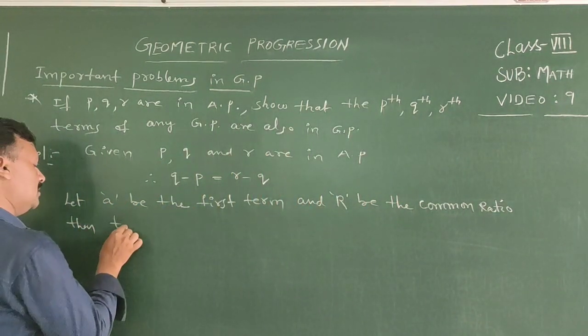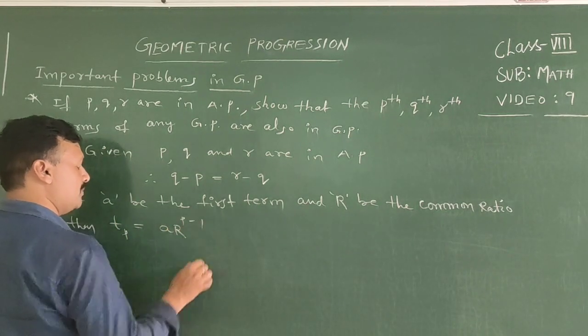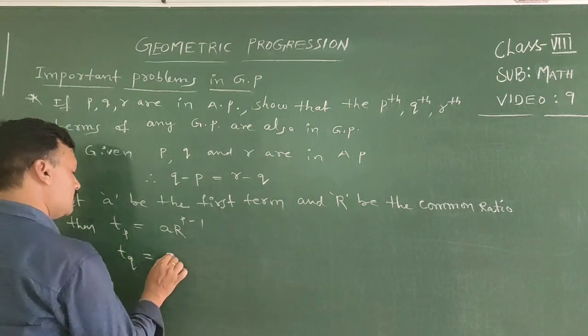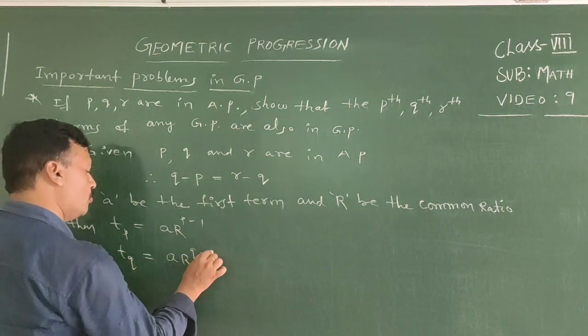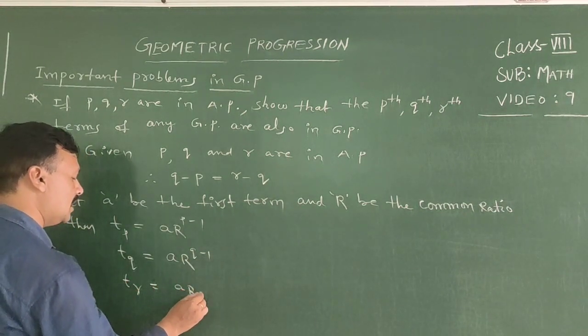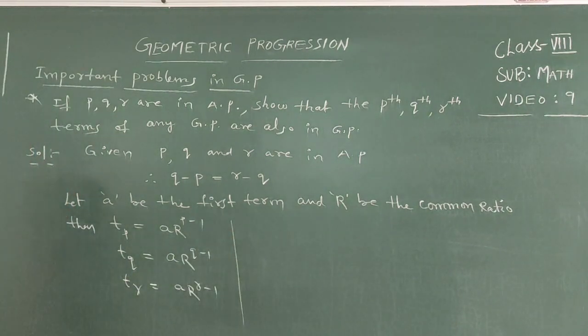Then TP, the Pth term, equal to AR power P minus 1. TQ equal to AR power Q minus 1. TR equal to AR power R minus 1. Okay? But also they are given the Pth term, Qth term and Rth term of GP they are asking, that's why.